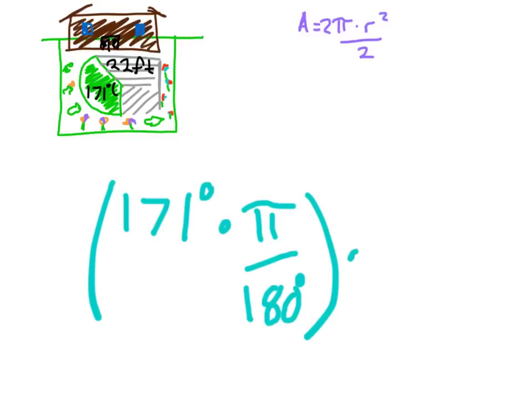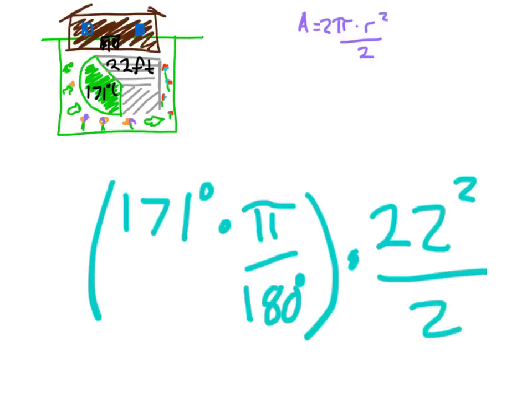And then I take that piece and multiply it times r squared divided by 2. Remember, this isn't 2 pi, this is the partial circle, because I'm finding a partial area for my partial shape. Now the other part is r squared over 2. In this case, r squared is 22 squared, divided by 2.